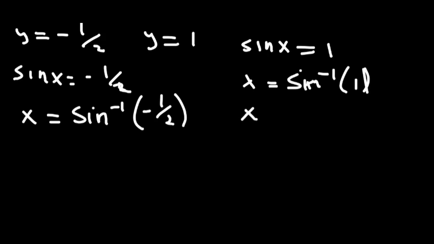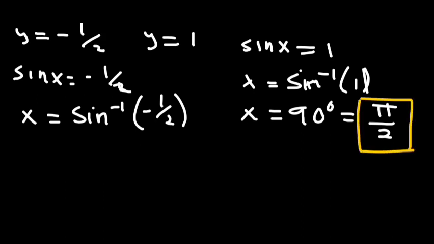What is sine inverse of 1? Sine inverse of 1 is equal to 90 degrees on the unit circle, so sine 90 degrees is equal to 1. If we express this in radians, 90 degrees is the same as pi over 2.